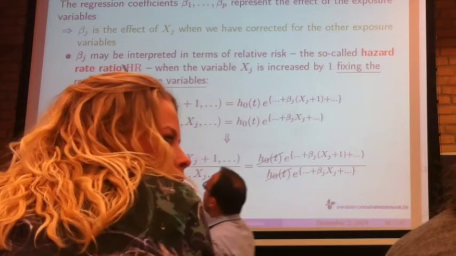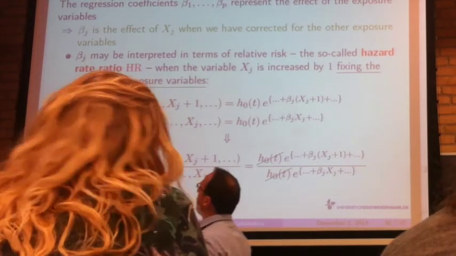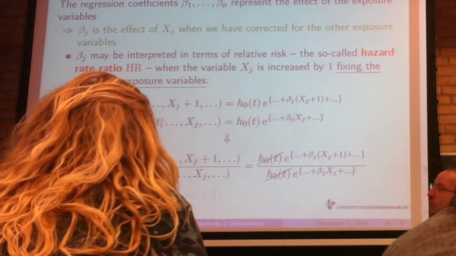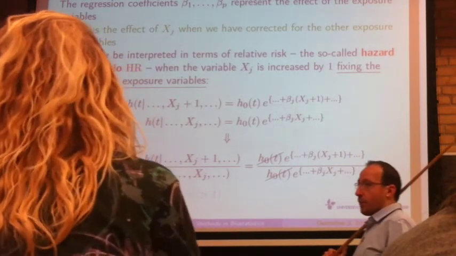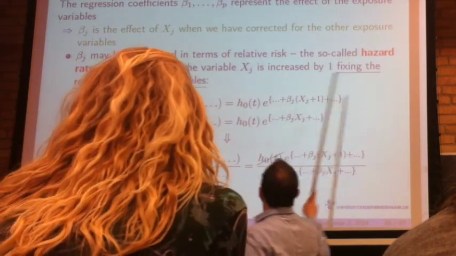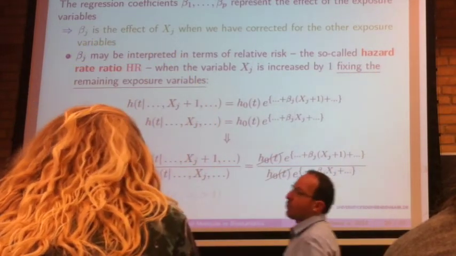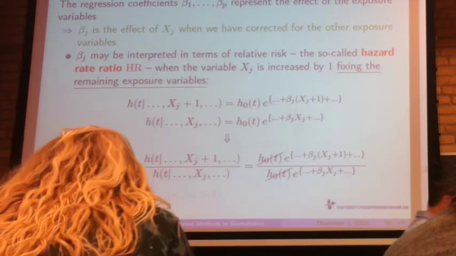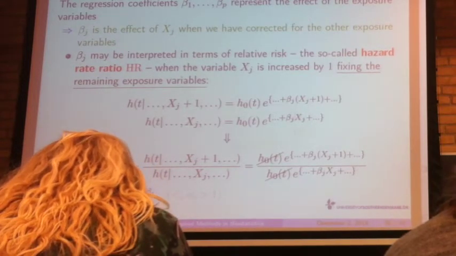How can we interpret this regression coefficient? It can be interpreted in terms of a relative risk. Relative risk in this case is the so-called hazard rate ratio. That means you calculate the ratio of two hazards.